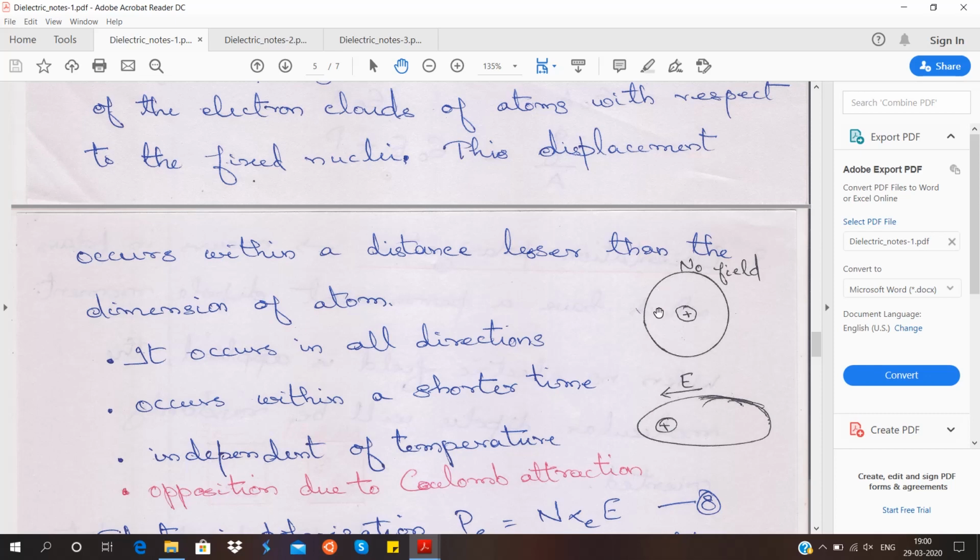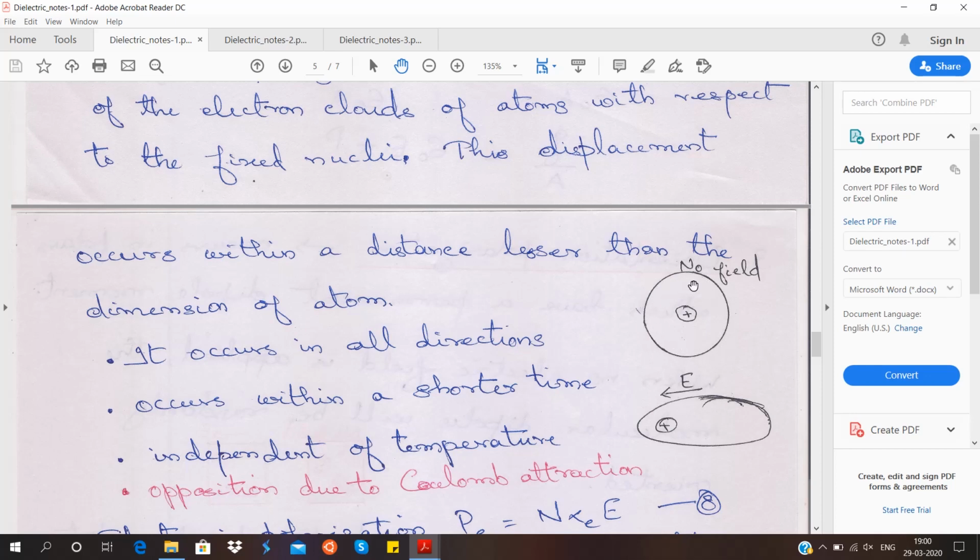So if I consider that electron cloud, I will get a spherical shape. So there is a nucleus at the center and all the electrons in the different orbits I am going to consider as an electron cloud, and they exist in a spherical shape.